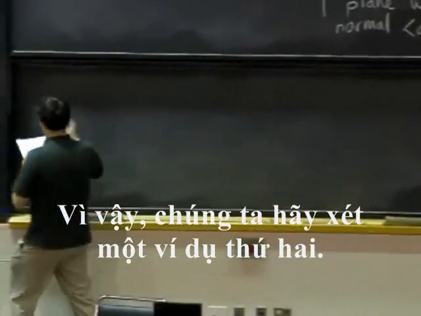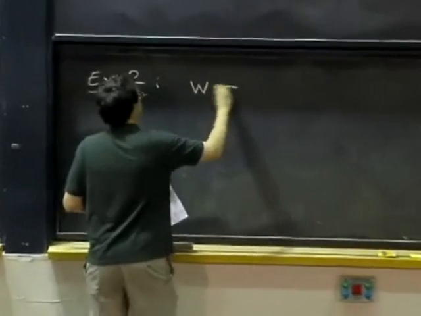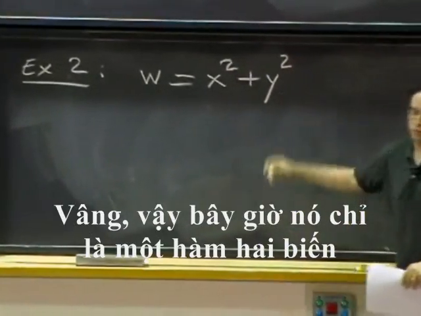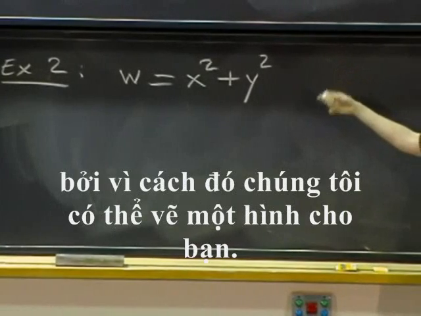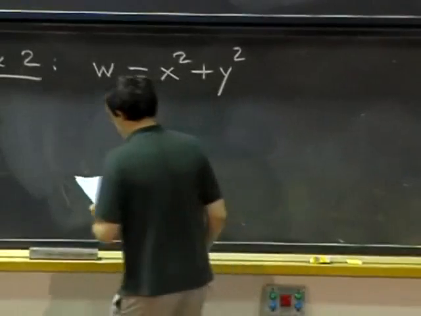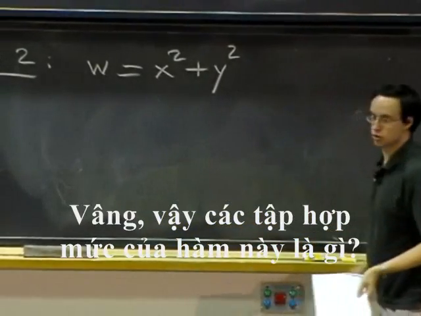So let's do a second example. Let's say we look at the function x squared plus y squared. Now it's a function of just two variables, because that way I will be able to actually draw a picture for you. What are the level sets of this function?